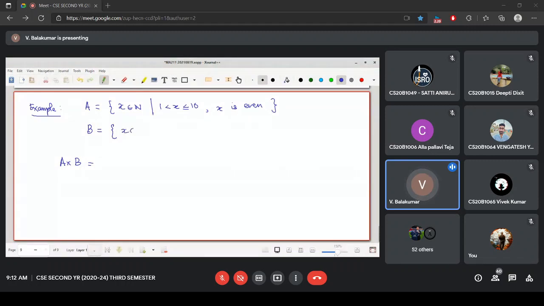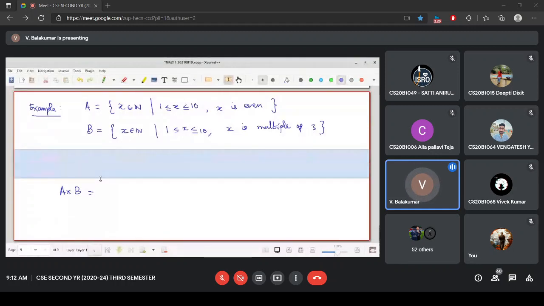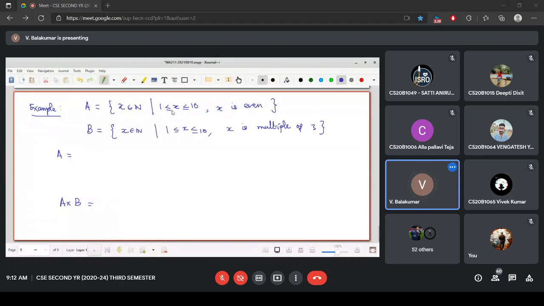So let me write like this: x is a multiple of 3. Now I want to write down A cross B. First of all, I need what they are. So let me write down again. A is whatever you said, I'm listing them because I want to write down the Cartesian product.